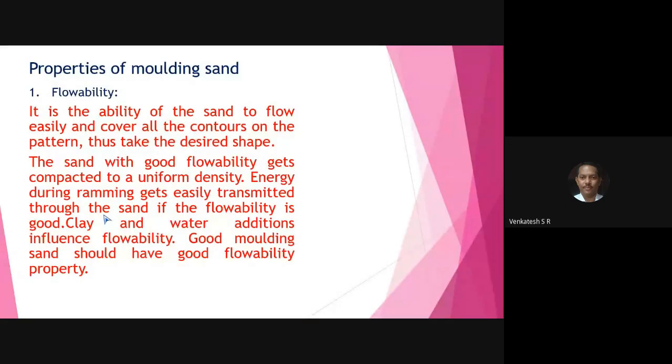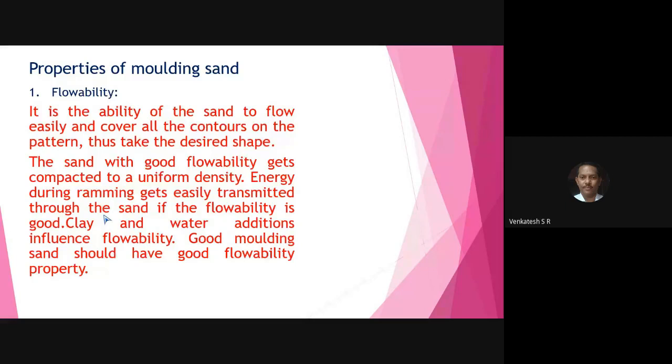This is nothing but the mold should provide the property of flowability to the liquid metal so that all the parts, all the places of the mold cavity are filled with liquid molten metal, whether it may be non-ferrous metal or ferrous metal. The property flowability is very, very important.